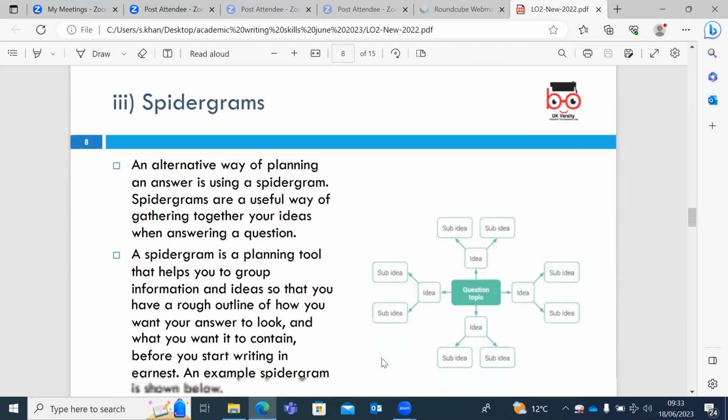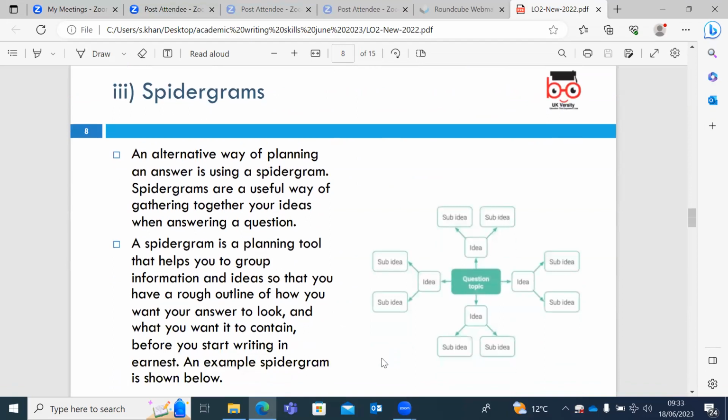Number 3, spidergrams. An alternative way of planning an answer is using a spidergram. Spidergrams are a useful way of gathering together your ideas when answering a question.